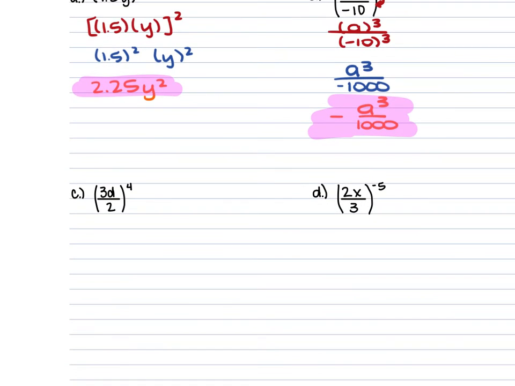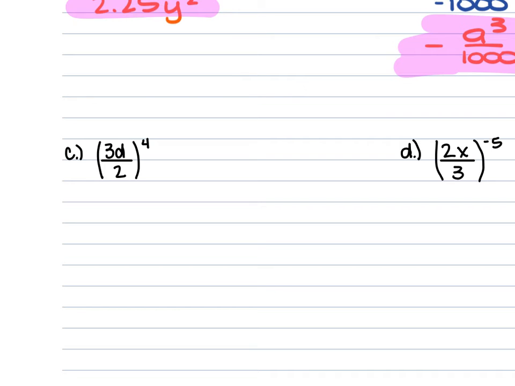For example C, we have 3d over 2 raised to the 4th power. So we're going to take that 4 and have it be the power on both the 3d as well as the 2. So I'm just going to rewrite this to be 3d to the 4th power over 2 to the 4th power.